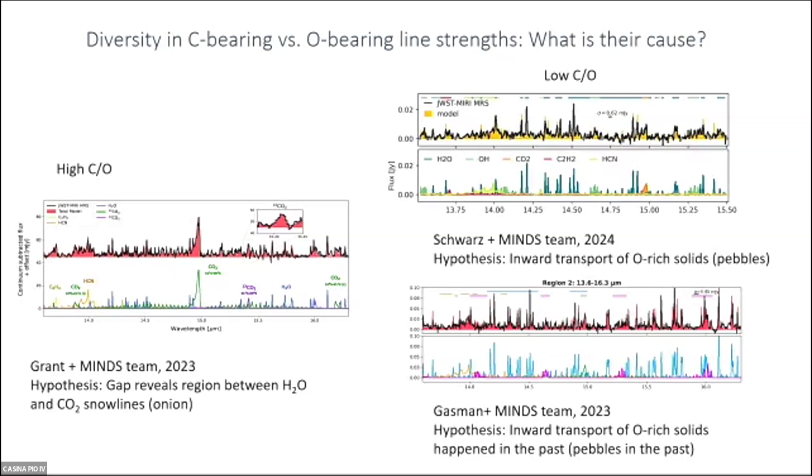So one of these sources has low C to O, and the author suggests that there was inward transport of oxygen-rich solids, so a pebble scenario. But then the other disk, they also kind of need to have a lot of oxygen, but this disk has substructures, so it should have stopped the oxygen from moving inwards. So they suggest that maybe the pebbles moved in the past.